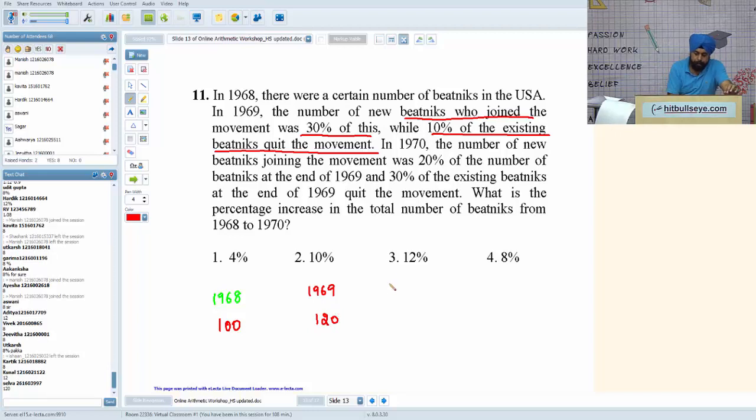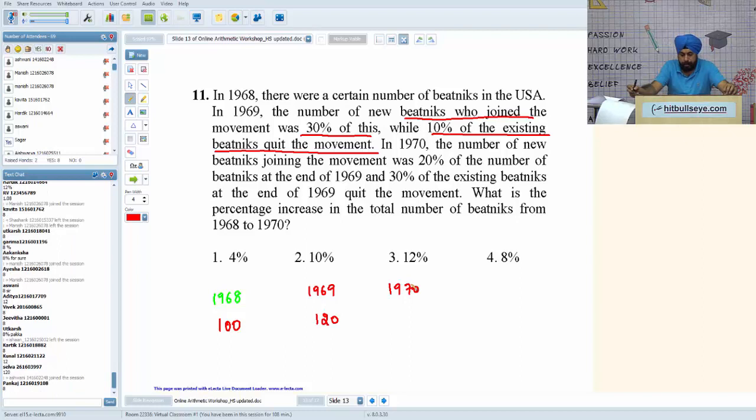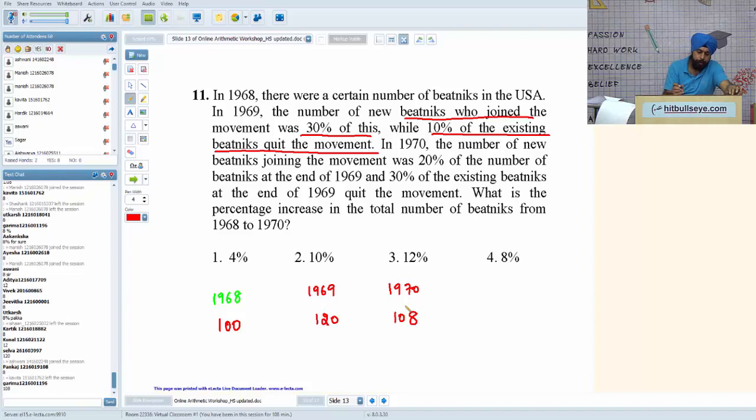Now in the year 1970, 20% joined as compared to the year 1969, and 30% left. Now 20% joined and 30% left. The net result is again a decrease of 10%. So if you decrease 120 by 10%, or multiply it by 0.9, you get the number in 1970 to be 108.